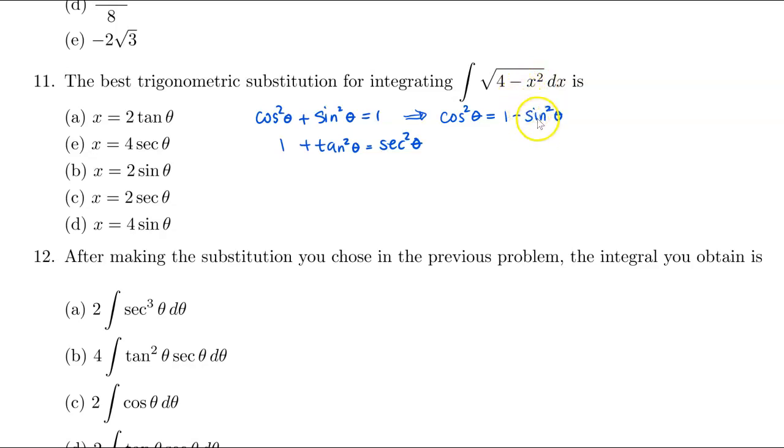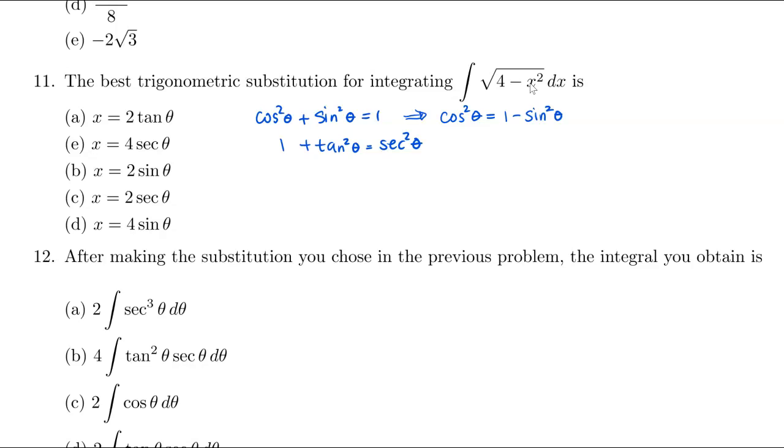But notice that if I have x as sine squared theta, then I will have a sine squared theta here. But you have 4 here. 4 minus sine squared theta is not equal to cosine squared theta. So what do we do? You also want a 4 here as well.